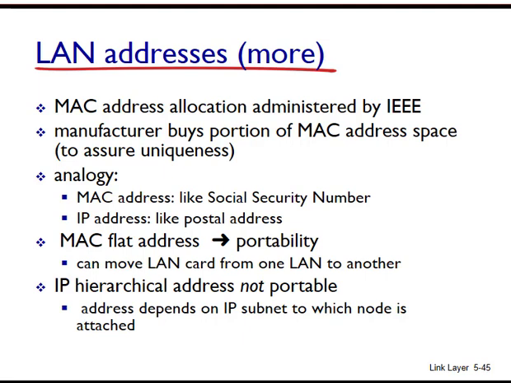When an adapter receives a frame, it will check to see whether the destination MAC address in the frame matches its own MAC address. If there's a match, the adapter extracts the enclosed datagram and passes the datagram up the protocol stack. If there isn't a match, the adapter discards the frame without passing the network layer datagram up.